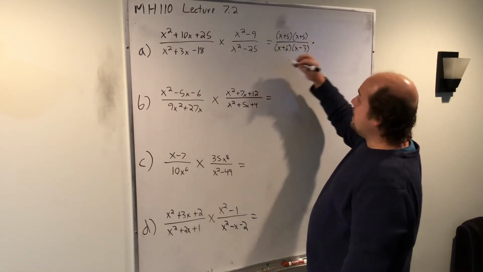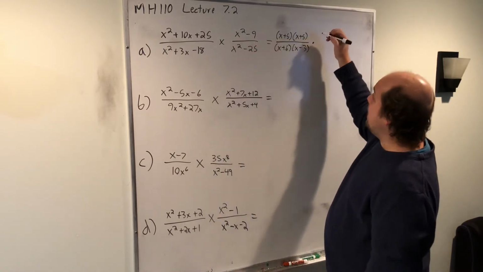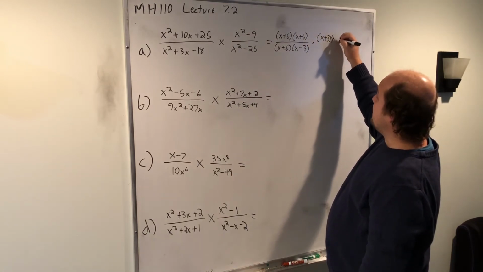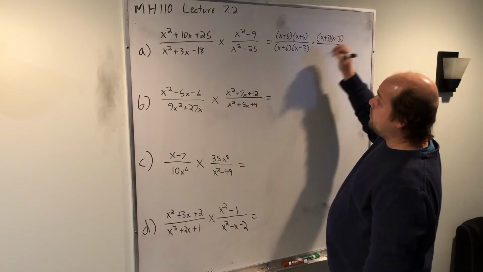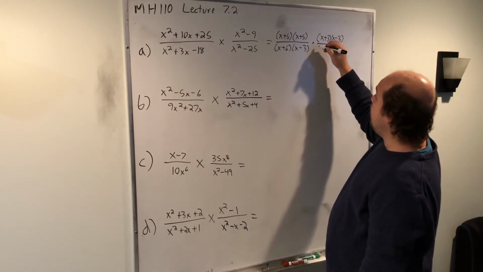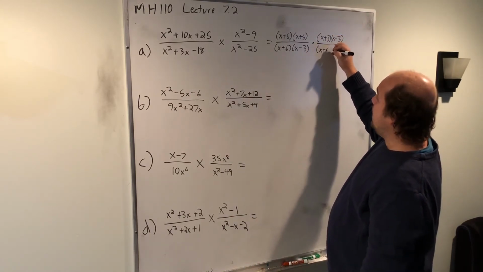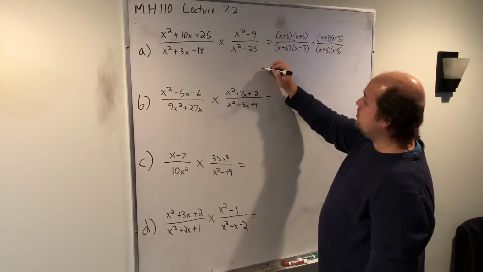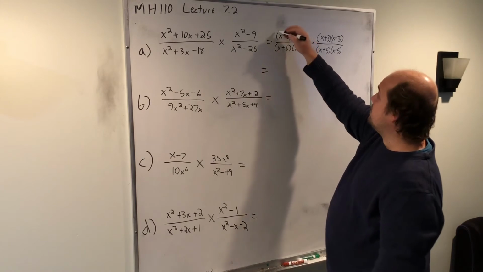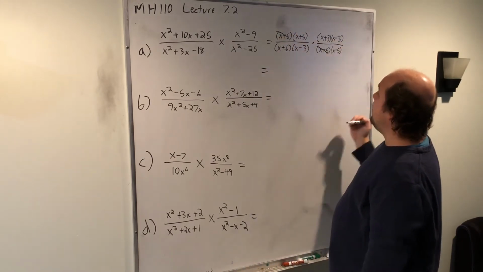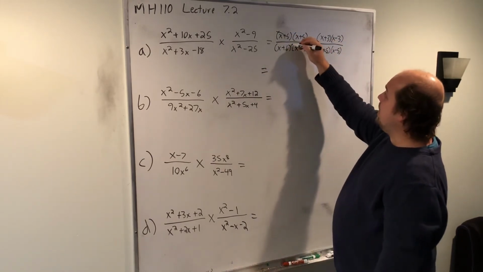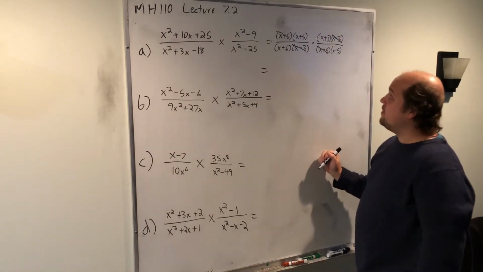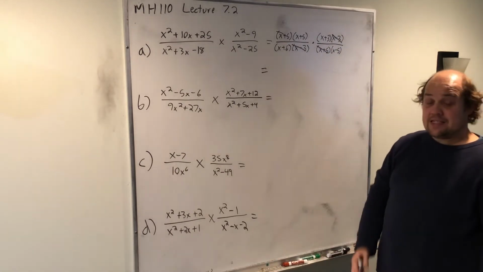I'm multiplying that by x squared minus 9, which is a difference of squares, and becomes x plus 3, x minus 3, over x squared minus 25, also a difference of squares, x plus 5, x minus 5. When I do this out, I have an x plus 5 on top, x plus 5 on bottom that I can get rid of. I have an x minus 3 on bottom and x minus 3 on top that I can get rid of. Everything else has to stay in the problem.